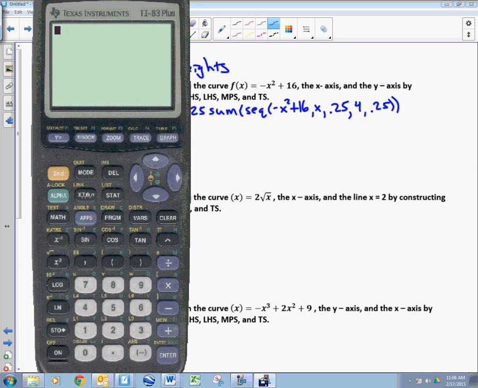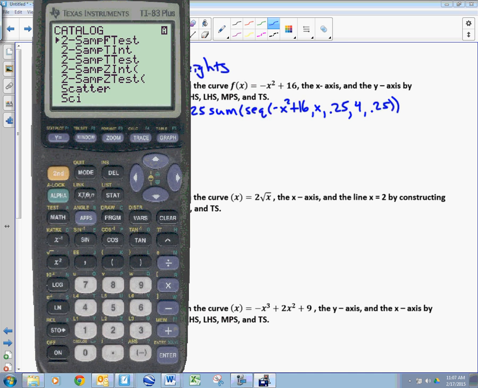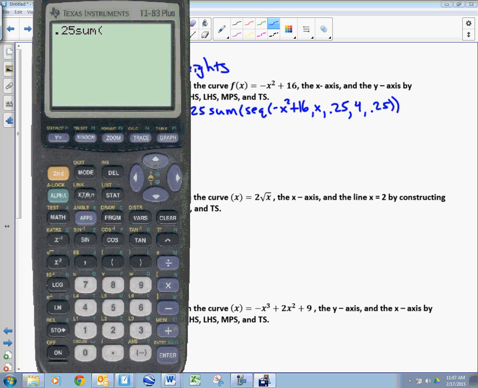So we go 0.25 times the sum. I go to second catalog, grab S, or actually I could grab T for sum, go up, and then catalog S for sequence. Then negative x squared plus 16, comma, x, comma, 0.25, comma, 4, comma, 0.25, double parenthesis, enter: 40.625.